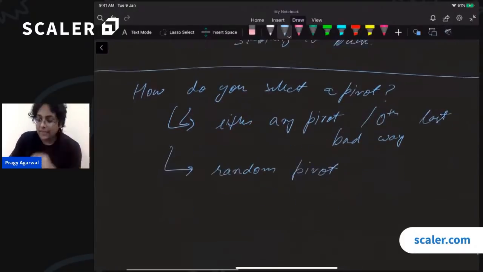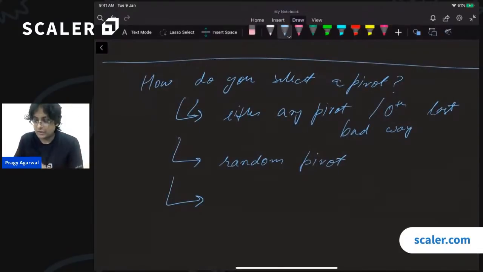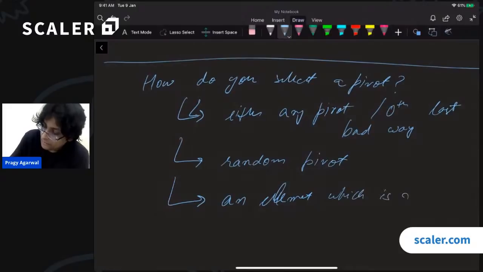The third case is choosing a pivot intelligently, so maybe choosing an element which is guaranteed to split the array into half.